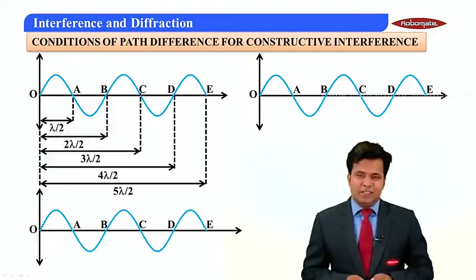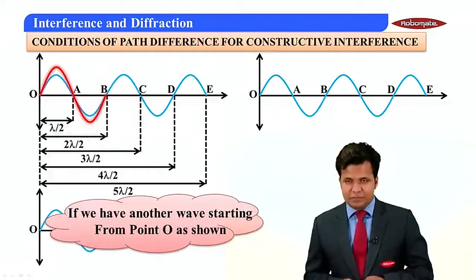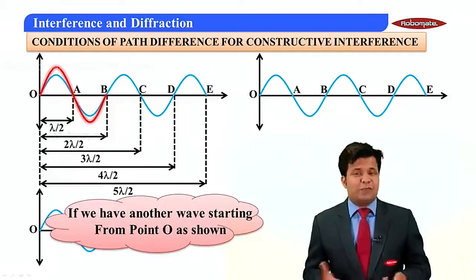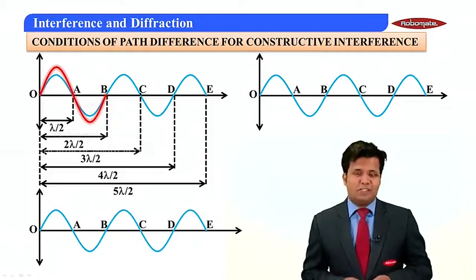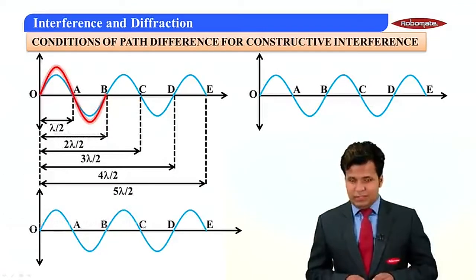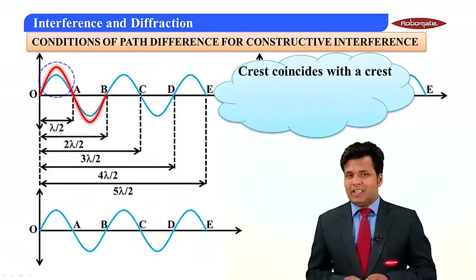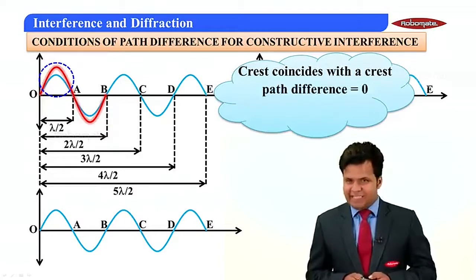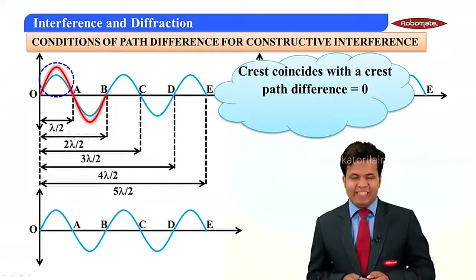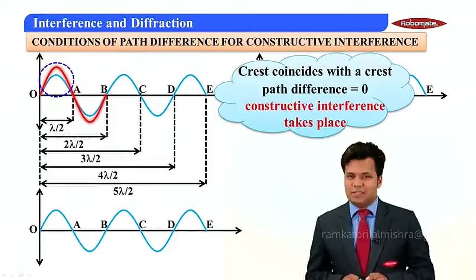I'm going to consider a wave which is going to start from O, and as it is starting from the same point, it's going to have path difference equal to 0. The main observation is crest is coinciding with the crest and trough is coinciding with the trough. I can say the amplitude would be added and it's going to give me constructive interference.